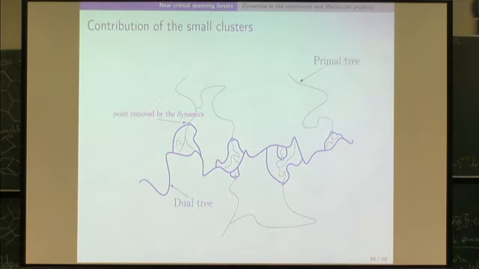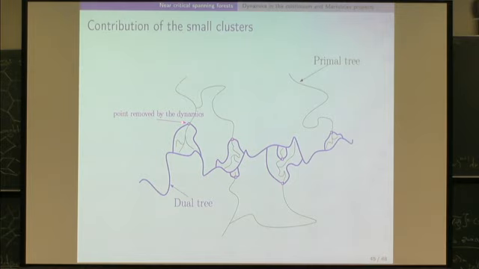And to do that, I've drawn a very sketchy proof. If you have two connected components, they are separated, in fact, by a branch of the dual tree. So I represented the branch of the dual tree. Here it's our primal tree, so the uniform spanning tree that you cut.